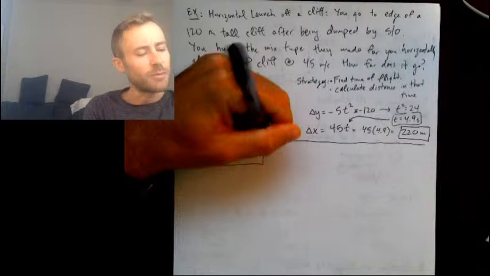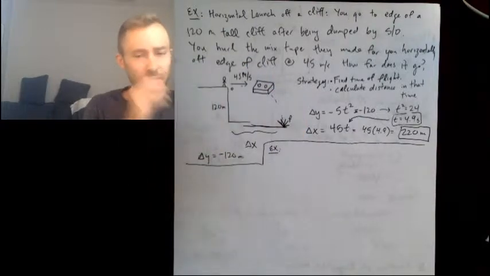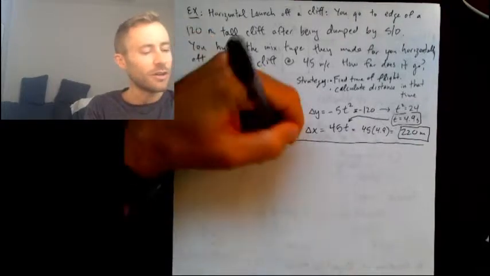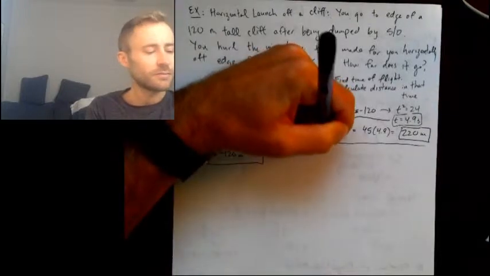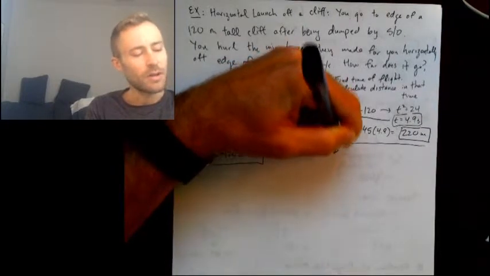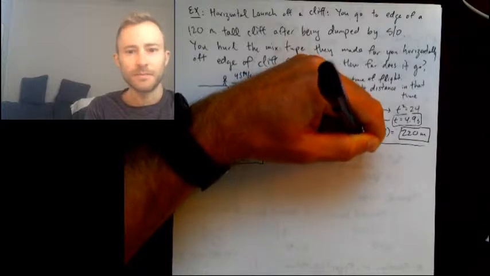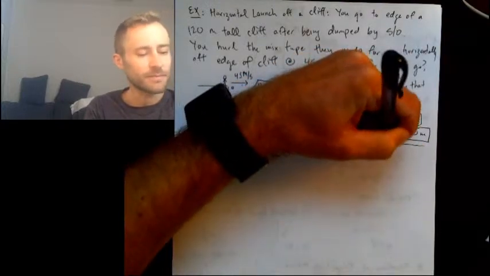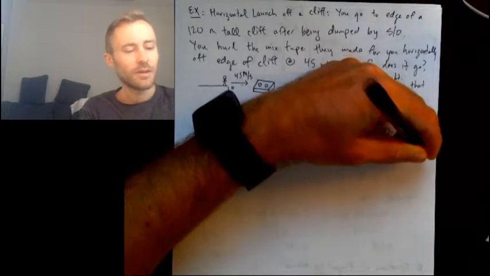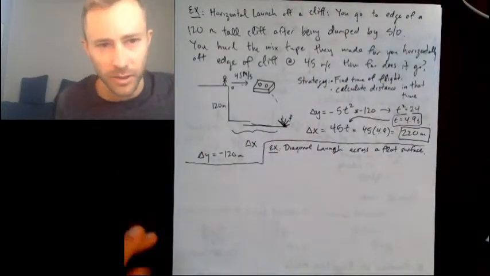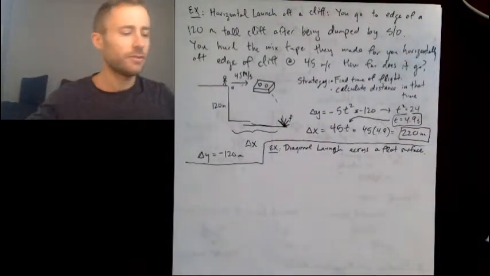Let's do another example. This example I'm going to call diagonal launch across a flat surface. Okay, so this problem does not have a cliff. It has a flat surface.